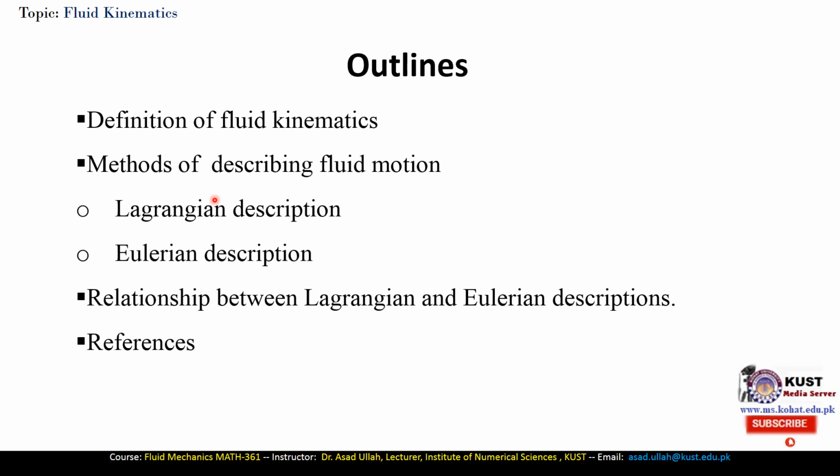There are two ways to describe fluid motion. Number 1, the Lagrangian description. Number 2, the Eulerian description. Number 3, we will establish a relation between the Eulerian and Lagrangian descriptions. We will transform both these descriptions to each other, and finally there will be references.